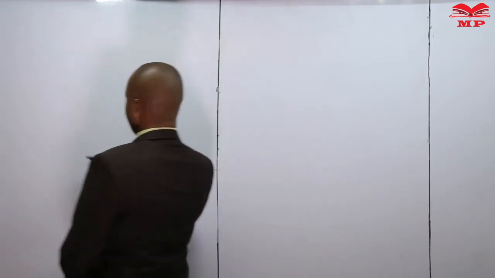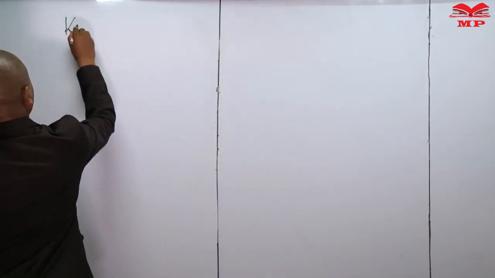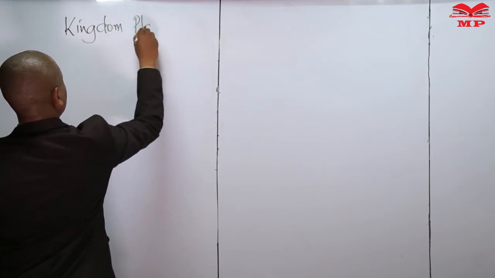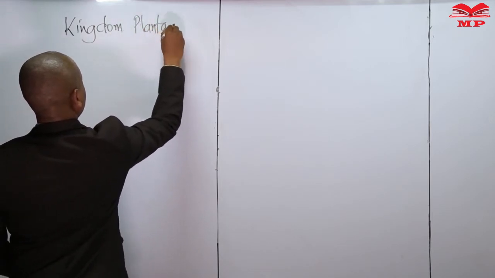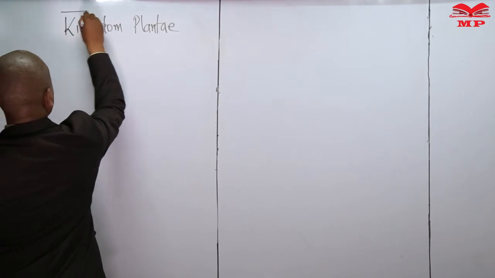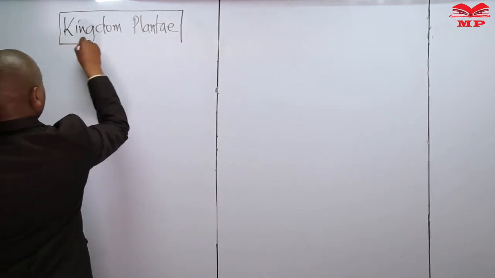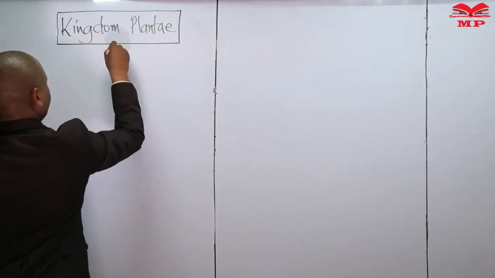So we are on kingdom Plantae, and this kingdom has 3 major divisions that we are looking at.